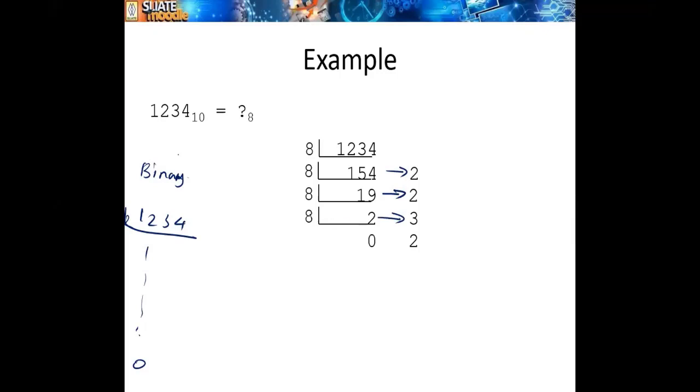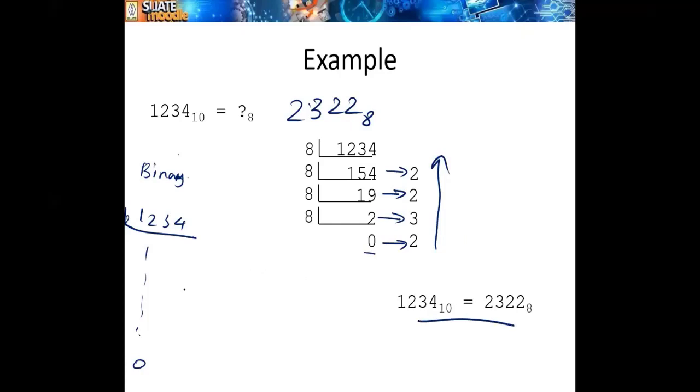We cannot divide, so it is 0 and the remainder is 2. So the same way, if we want to get this, the answer will be 2, 3, 2, 2 base 8.